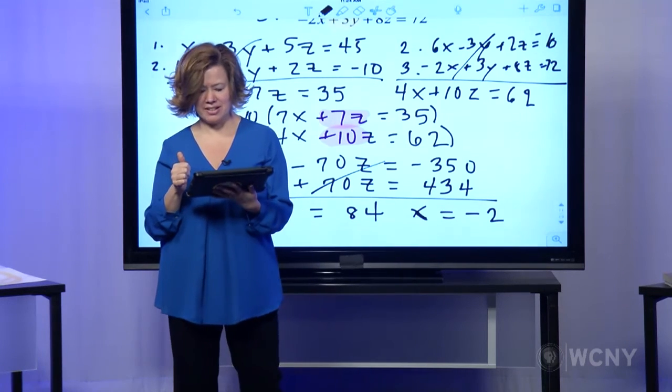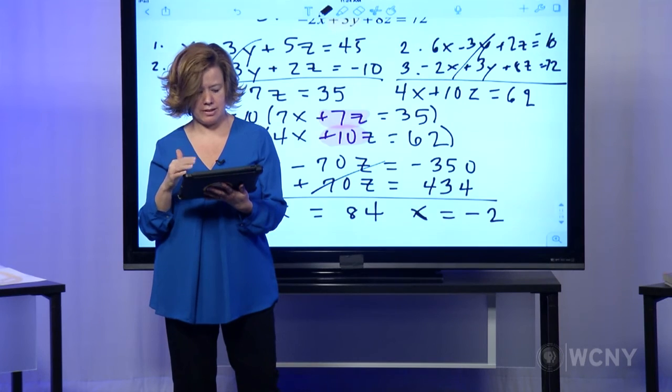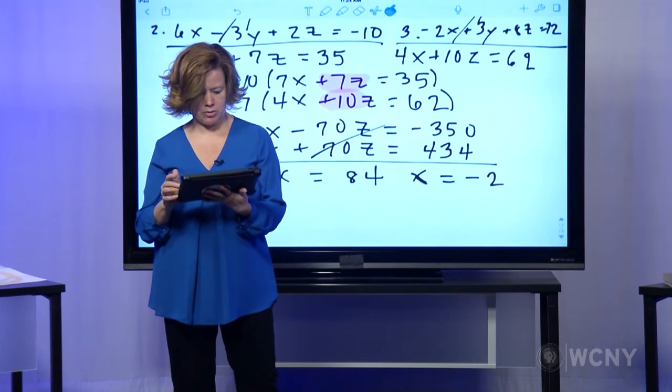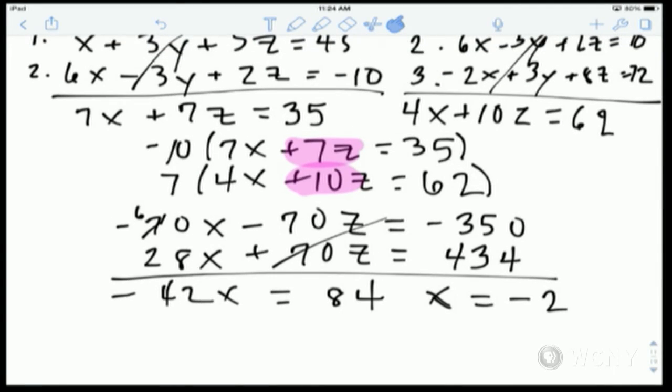Now that you've figured out what x is, you need to determine what z is, because you have two equations with just x and z in them. All right, it does not matter again which one. I kind of like littler numbers, so I'm going to go for the 7x plus 7z equals 35.